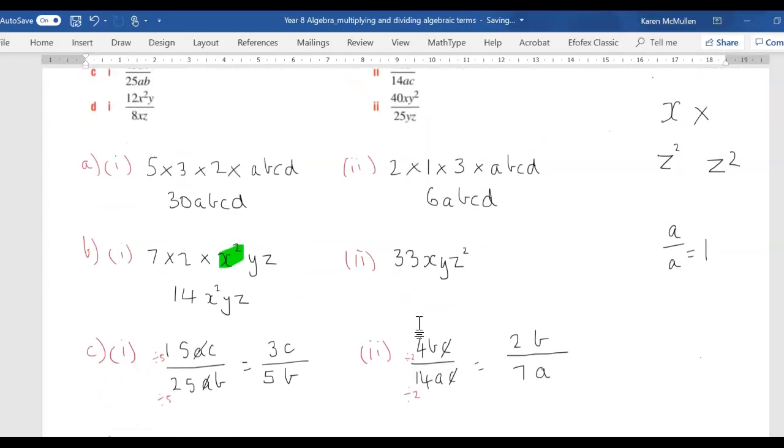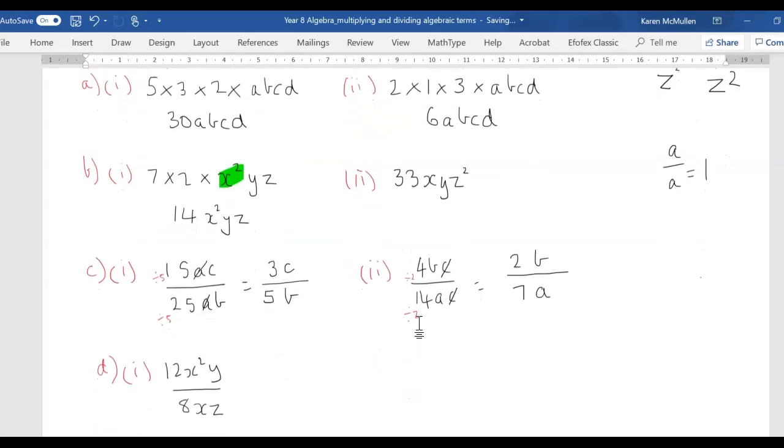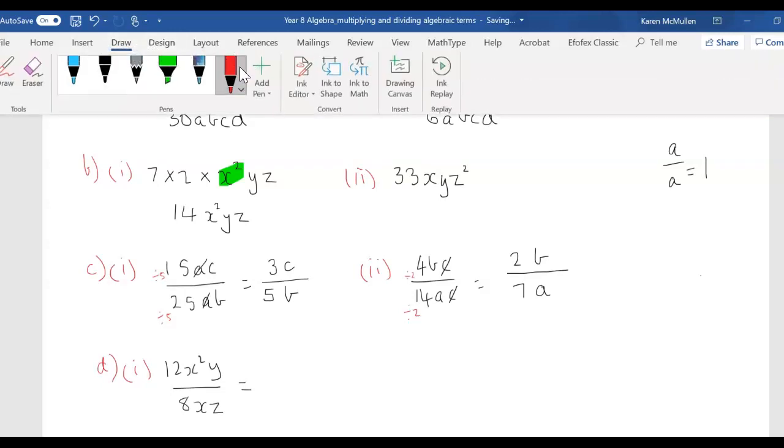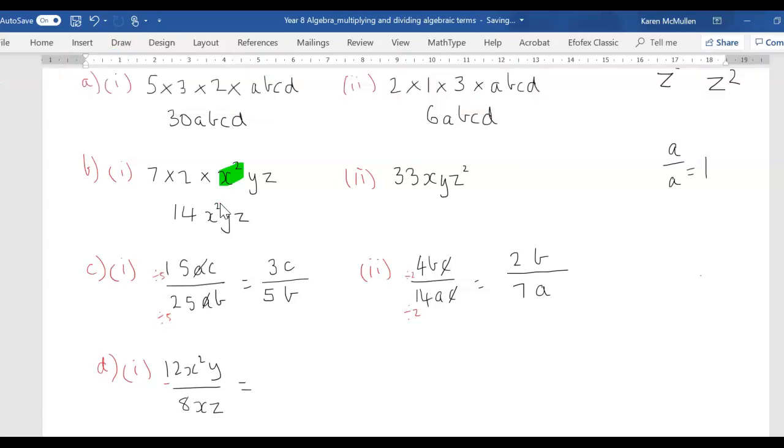Just want to make sure I've written that correctly. Okay, so again, looking at your pronumeral part, your coefficients, and looking for the highest common factor. So what number goes into both 12 and 8? Okay, 2 goes into it, but that's not your highest common factor. Your highest common factor is actually 4. So let's divide both by 4.